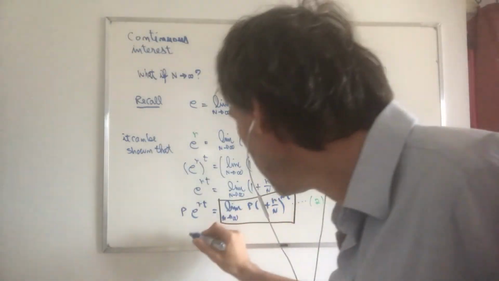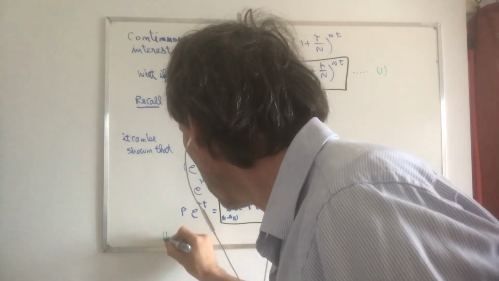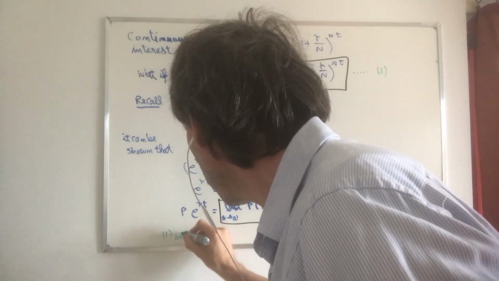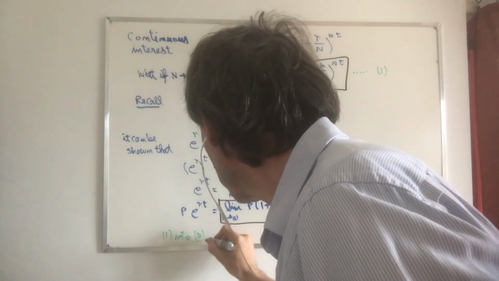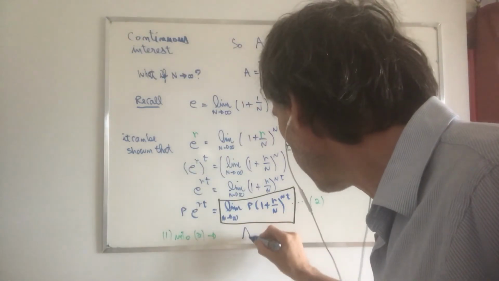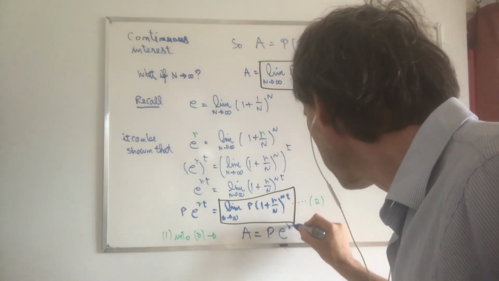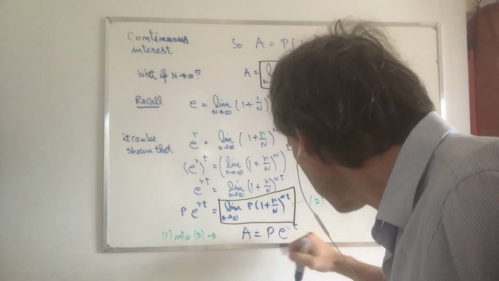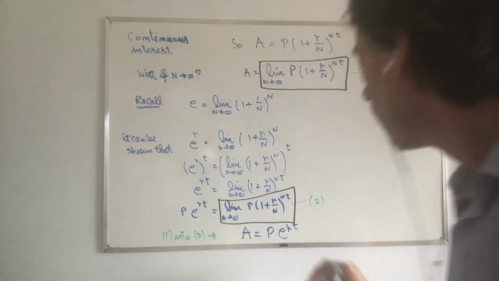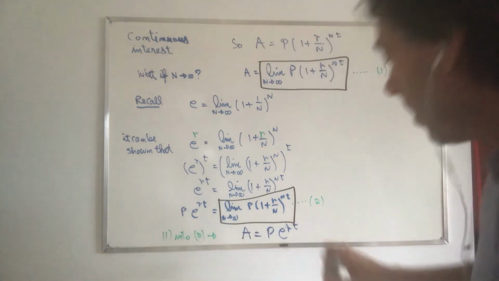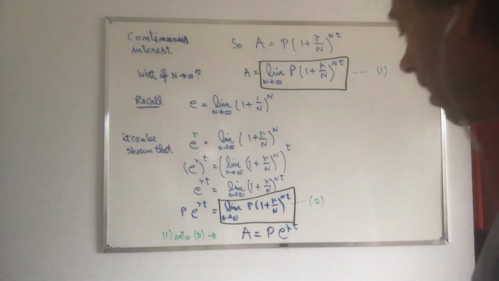So by combining them together, so 1 into 2, will actually give me what I want. The formula for compound interest, A, the amount, is P times e to the rt.